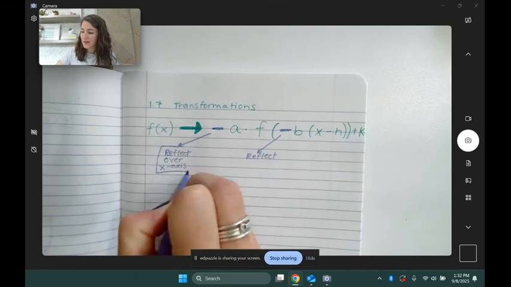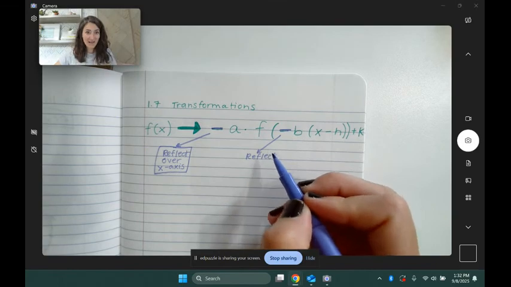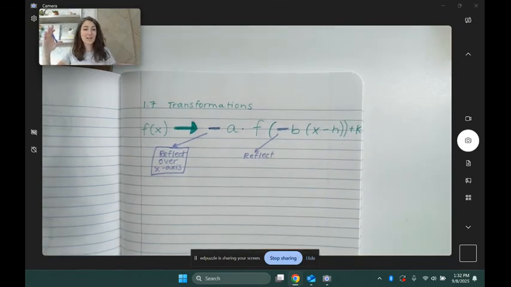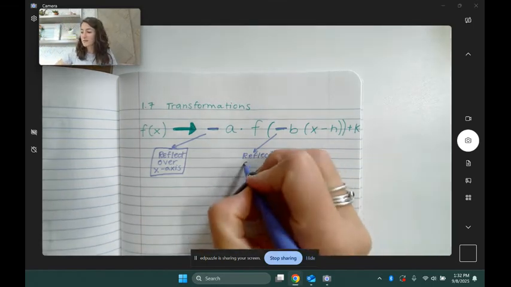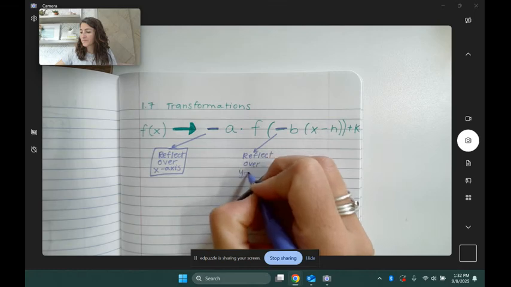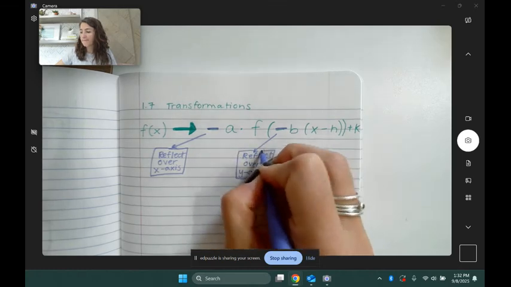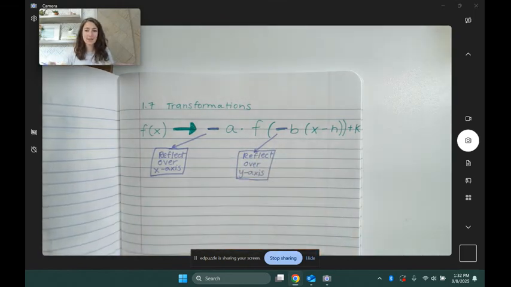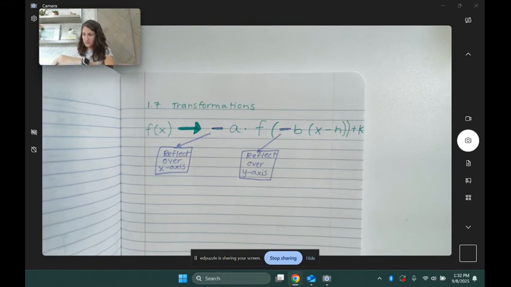If that negative sign is multiplying inside the function, that means it's only affecting my horizontal x values. That's going to be a reflection over the y-axis. So those 2, nice and easy to spot.